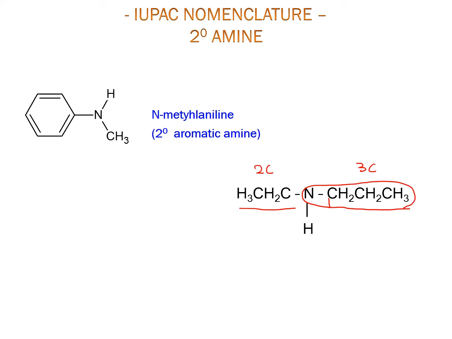Next we label the carbon chain, giving the carbon bonded to N the lowest number, 1, then 2, and carbon number 3. So the position of amino is at carbon number 1, and then you have a substituent we call ethyl bonded to amine. So the name for this amine is N-ethyl propanamine, which is a secondary amine.